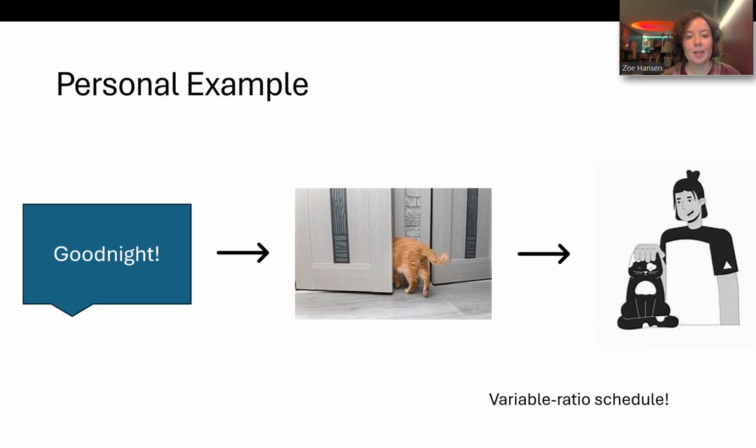And we found over time that if we just do this some of the times, it still pays off and is effective and encourages Juniper to leave the house after we say "good night," probably because he's expecting that there's still a chance of receiving that head scratch. And so this is an example of a variable ratio schedule.